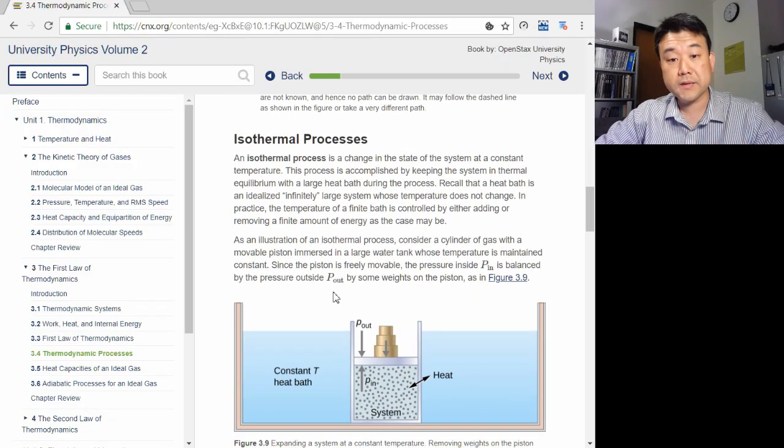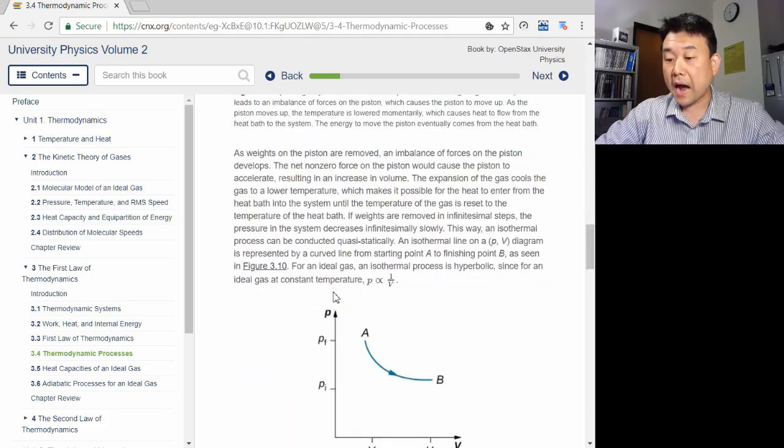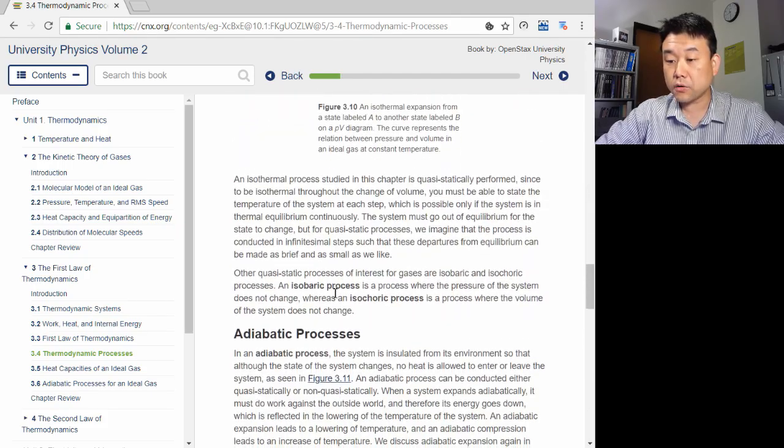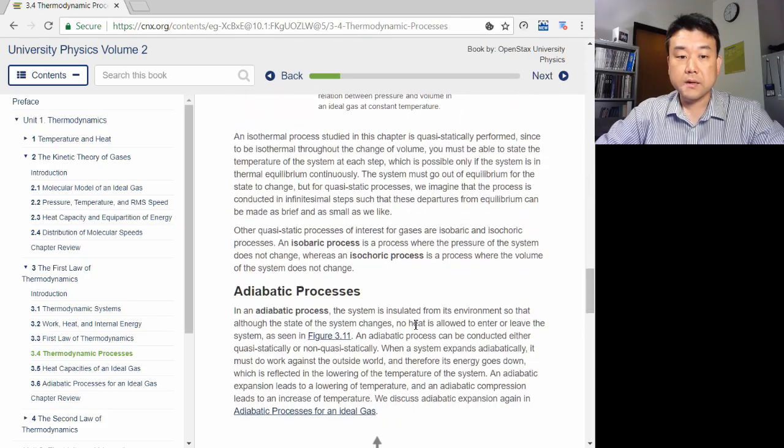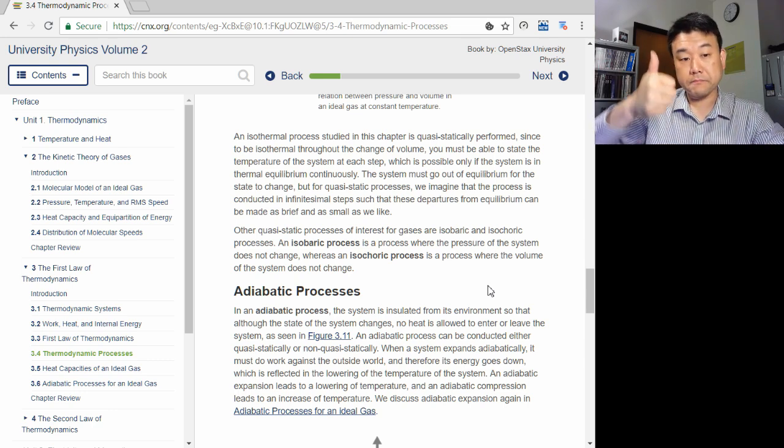Isothermal process says that the temperature is constant. Simple enough. With the isobaric or isochoric process, since one of the two variables, pressure or volume, remains the same, if the other thing increases, then the temperature must also go up. For example, in an isobaric expansion, the temperature goes up.